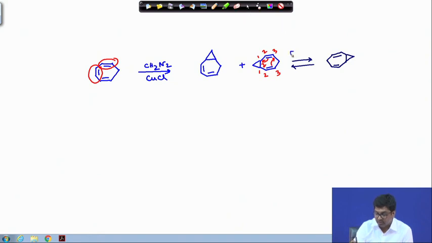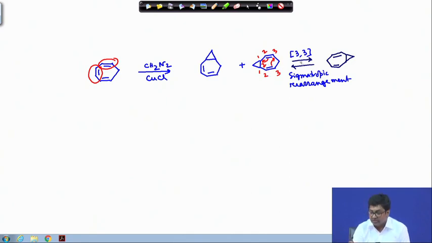This is called 3,3 sigmatropic rearrangement. Why? Because here at the 3 position, and here also at the 3 position, a new sigma bond is forming by the relocation of these pi and sigma bonds.